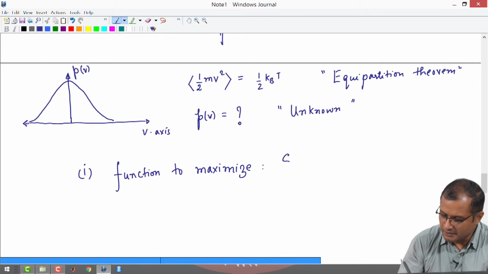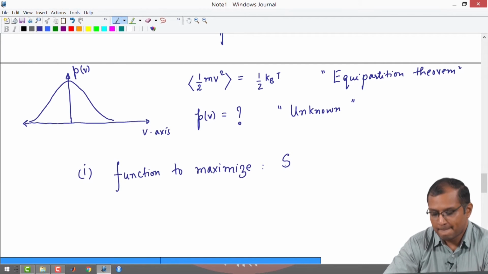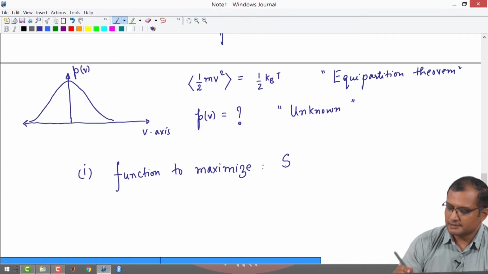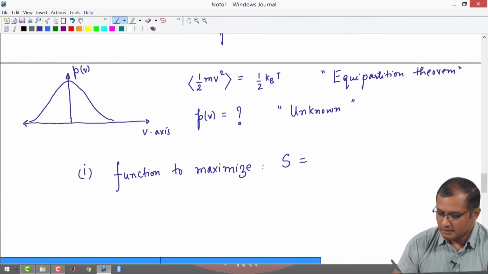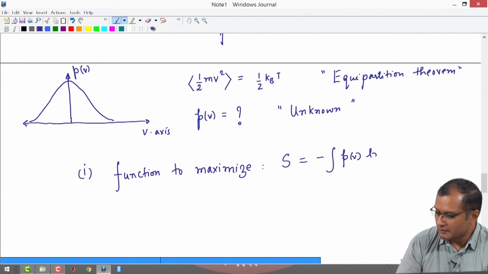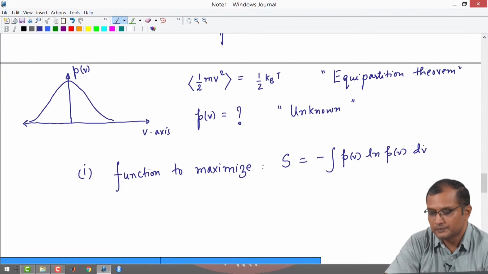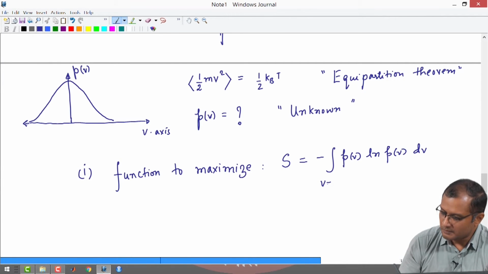And just as in the discrete case, instead of a summation, I will take the entropy as a negative integral of p(v) ln p(v) dv. Okay. And the limits here are going from minus infinity to plus infinity.